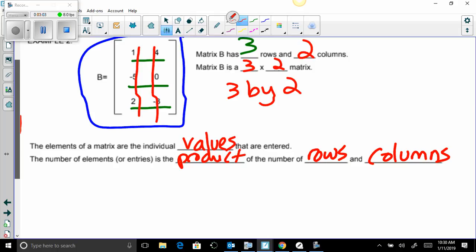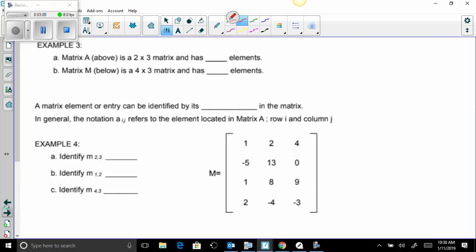So for example, if we go back and look at matrix A, it is a 2 by 3 matrix. How many elements does it have? If I multiply 2 times 3, I get 6 elements, 6 values inside that matrix.